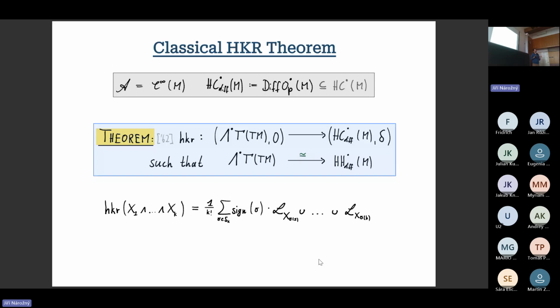Which works nicely, but if you, for example, look at a little bit more structured situation, like you have a Lie group acting on the manifold, and you want to look at invariant Hochschild cohomology. Well, then gluing stuff can create problems. I mean, there's no guarantee that you get an invariant partition of unity. So working locally is really a problem. So that's one problem with the classical proofs of the HKR theorem.